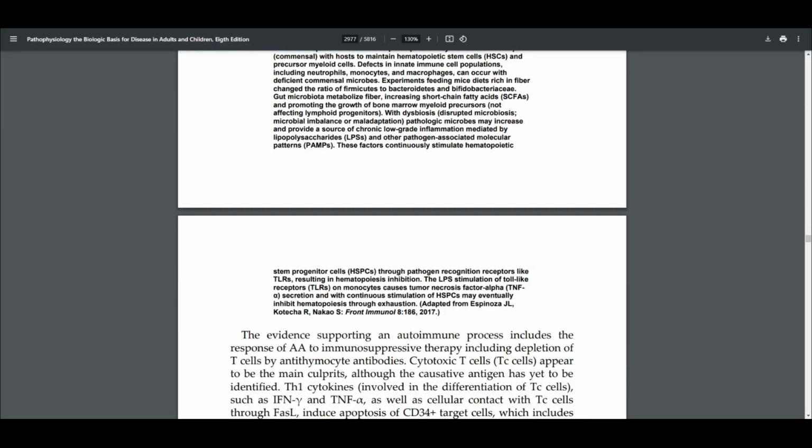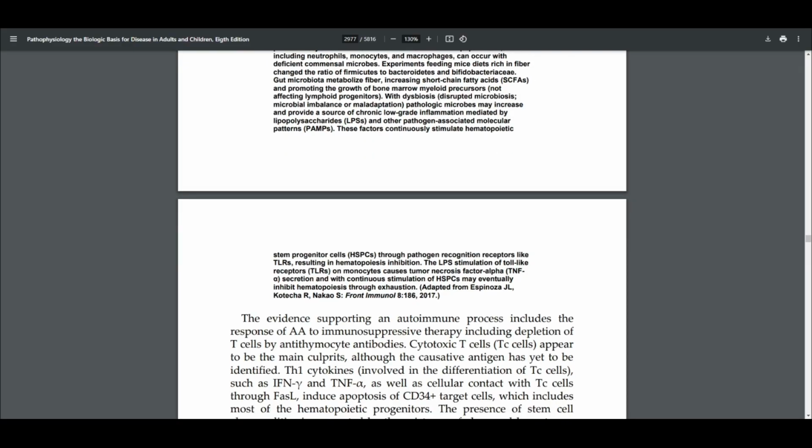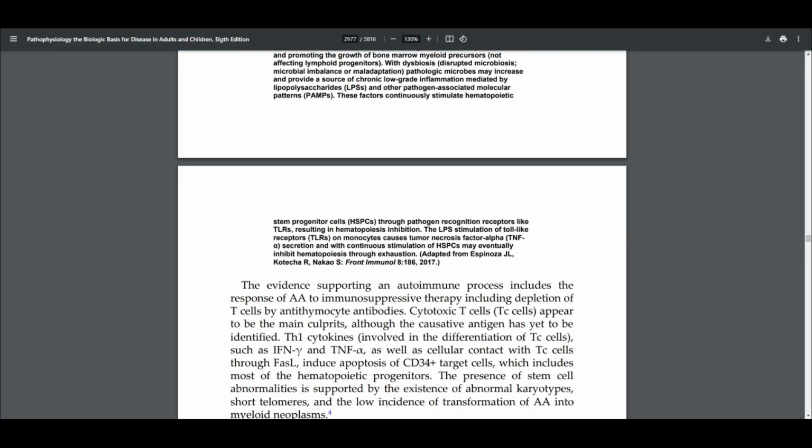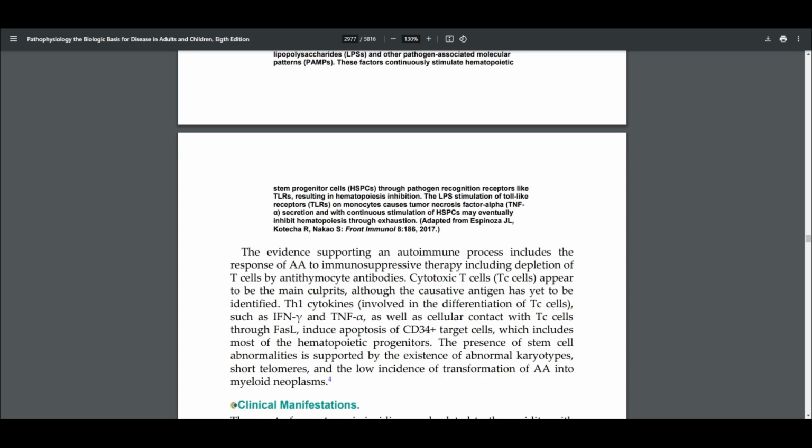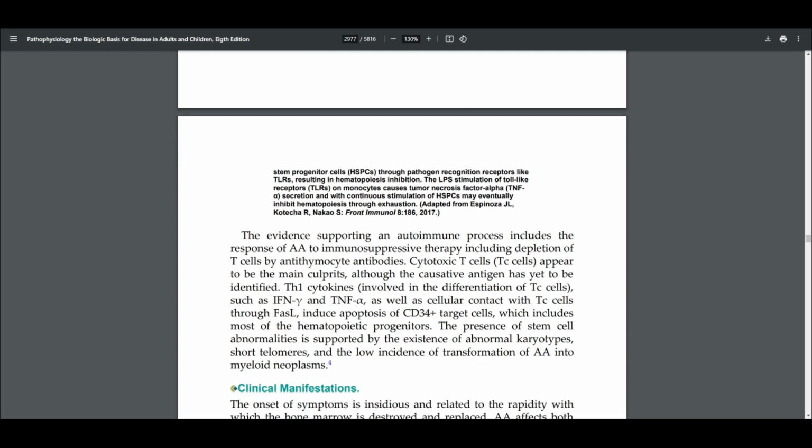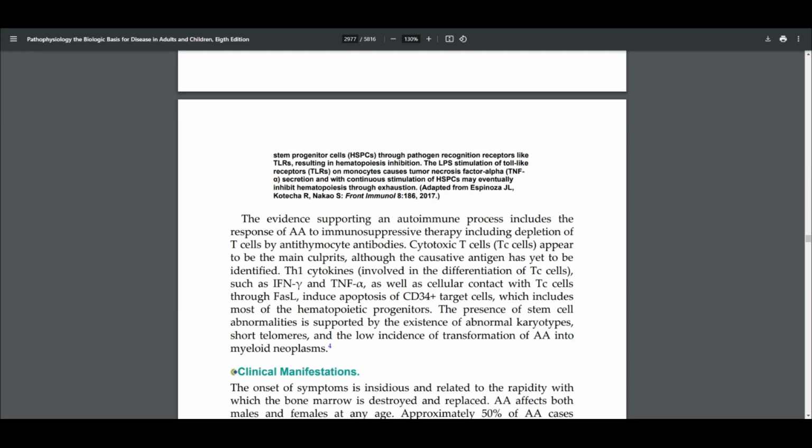The evidence supporting an autoimmune process includes the response of AA to immunosuppressive therapy, including depletion of T cells by anti-thymocyte antibodies. Your cytotoxic T cells appear to be the main culprit, although the causative agent has yet to be identified.